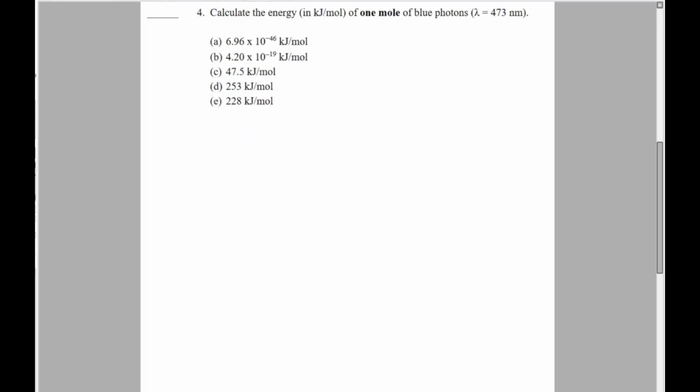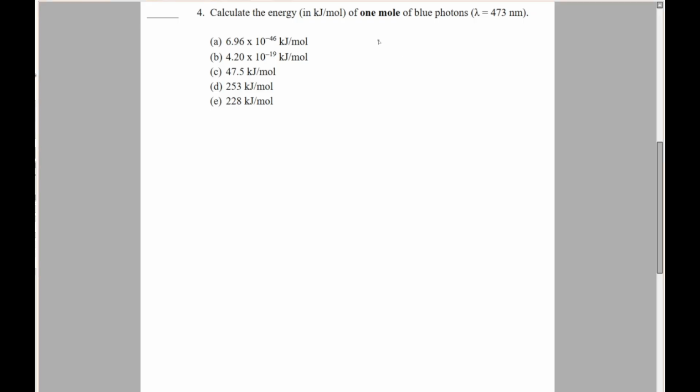4. Calculate the energy in kilojoules per mole of 1 mole of blue photons with a wavelength of 473 nanometers. For this problem, there's a handy equation given to you on your equation sheet.